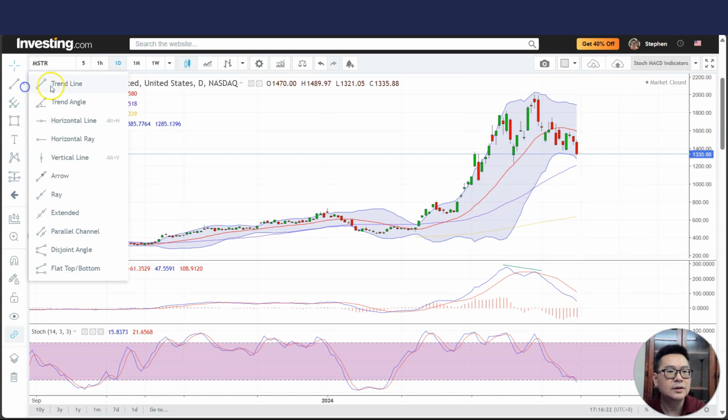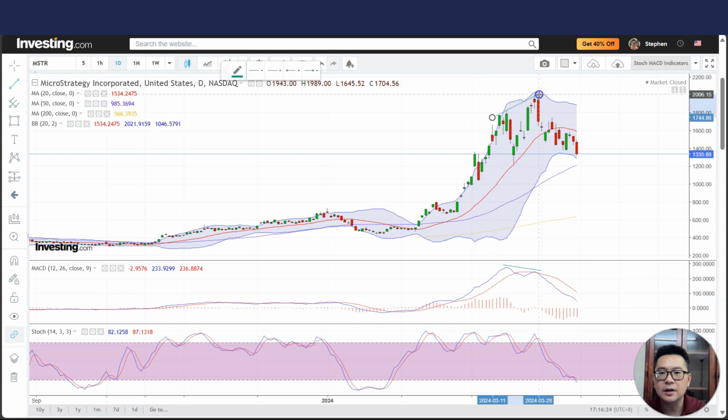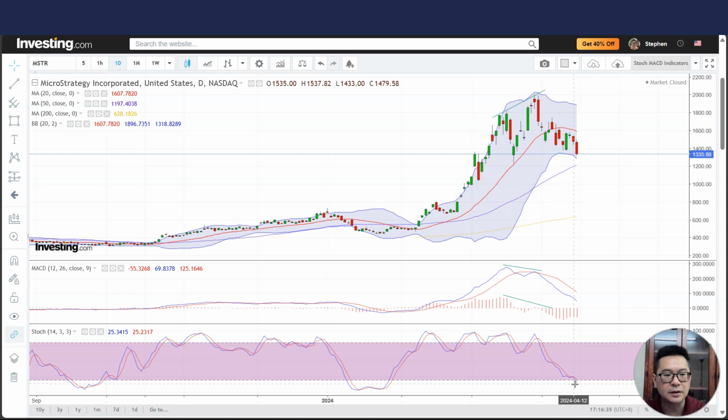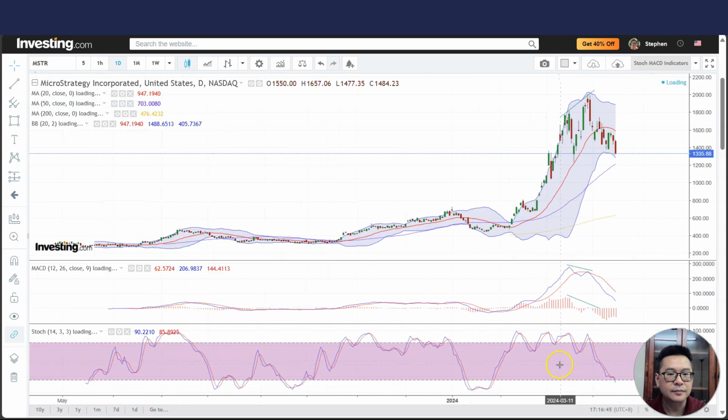Also you can see while the stock was making higher highs here, the MACD histogram wasn't doing quite well either. Stochastics is a bit oversold, but it doesn't really give me that kind of a smooth sell-off. It's just wriggling around here, which I do not really like.